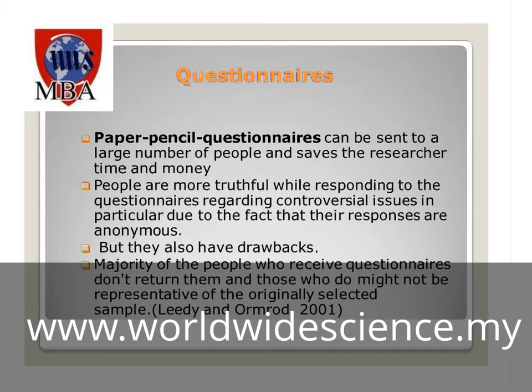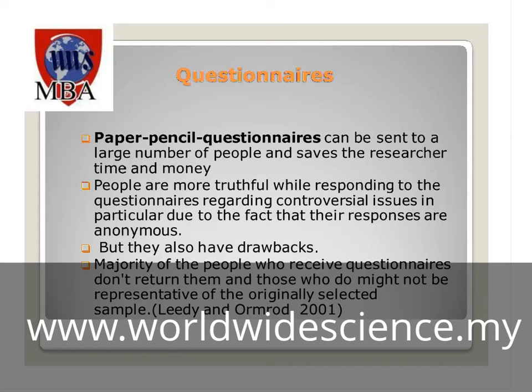People are more truthful when responding to questionnaires regarding controversial issues, in particular because their responses are anonymous. Okay, but they also have drawbacks. The majority of the people who receive questionnaires don't return them, and those who do might not be representative of the originally selected sample.